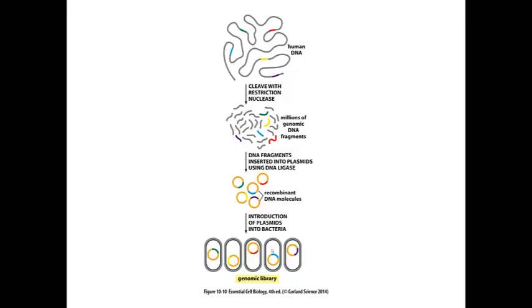That pure protein can be sequenced, so its amino acid sequence is known, and then the likely DNA sequence that it's coming from can be predicted, and that can be used to pull out the clone from the library that has your gene of interest.